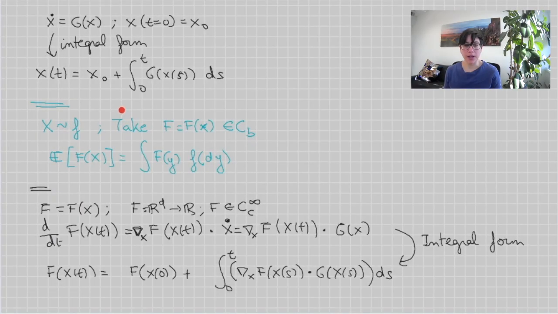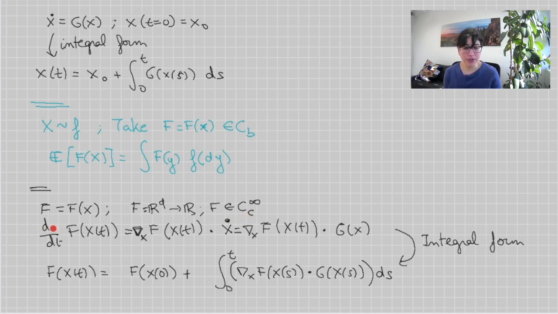With this, we can apply this result to our ordinary differential equation. Now I take f, a function that is applied to x. F, say, is a function that goes from Rd to R, and I'm going to consider that this is what we call a test function, meaning that it's C infinity, so it's infinitely differentiable, and it has compact support.